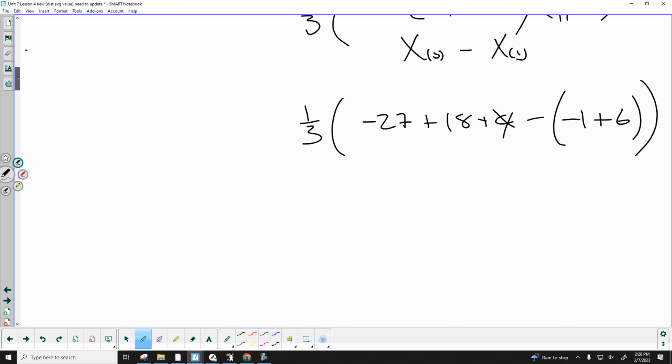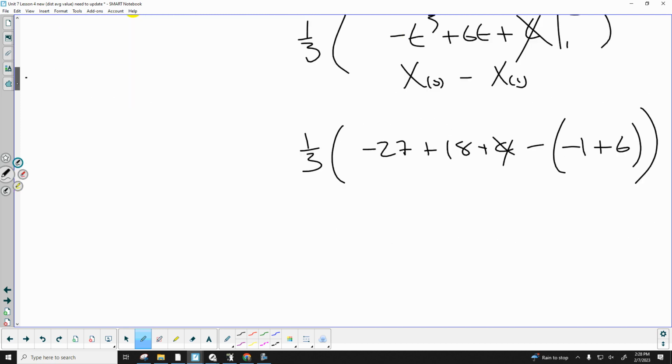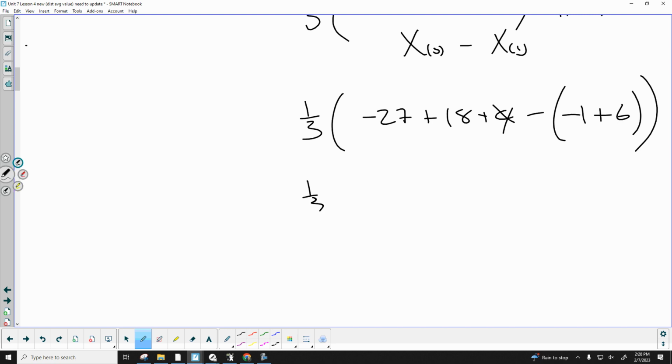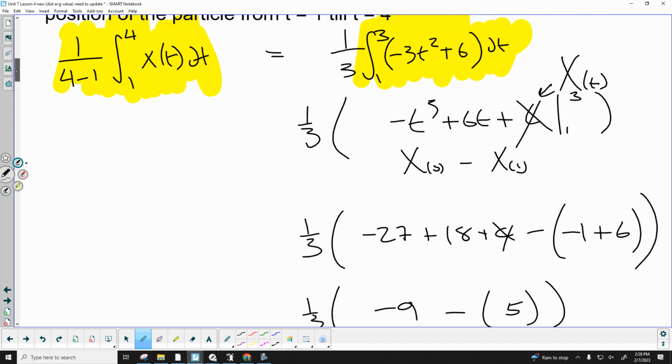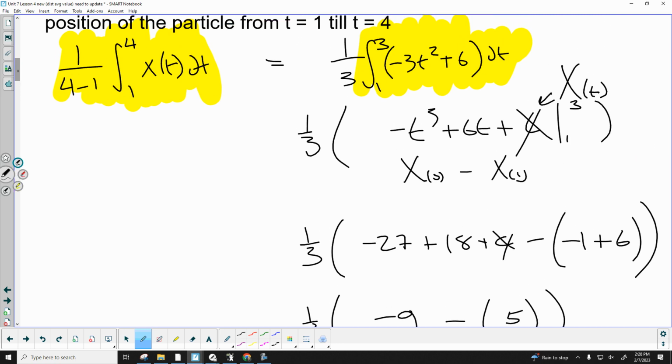Let's see. You will need to be able to do this. This is -9 minus 5. -9 minus 5 is -14. Did I screw up here? Yeah, I think you went 1 to 3 instead of 1 to 4. Sorry.